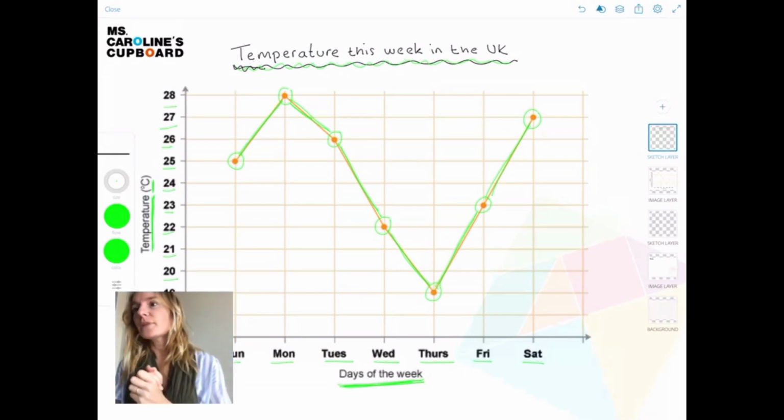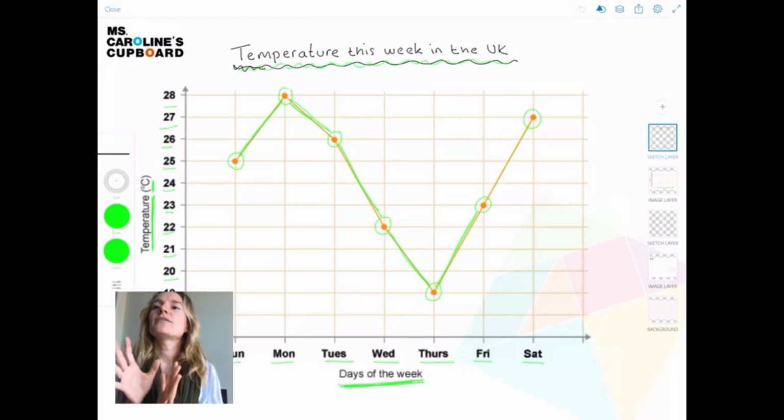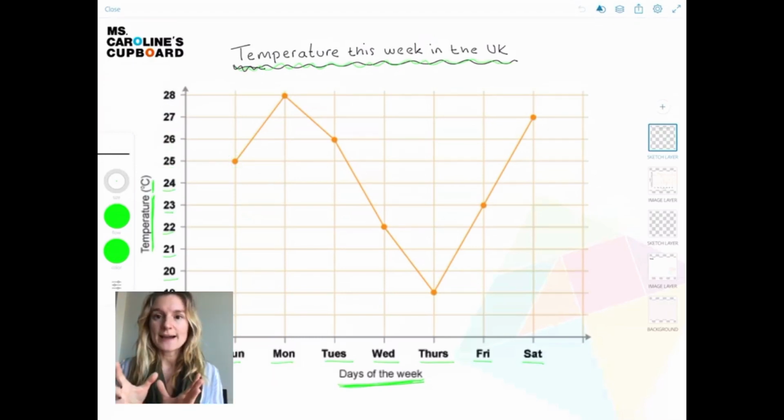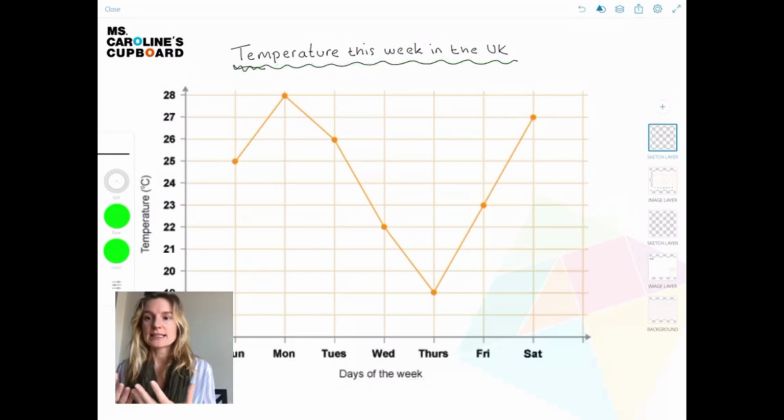Okay, perfect. So now we've seen what's on our line graph. We can use that line graph to interpret that data and answer questions on that data. For example, if I asked you, how hot was it on Monday? What would you do? How would you find that out?